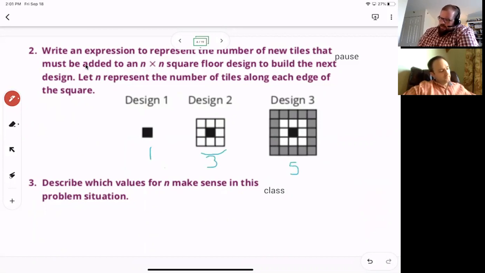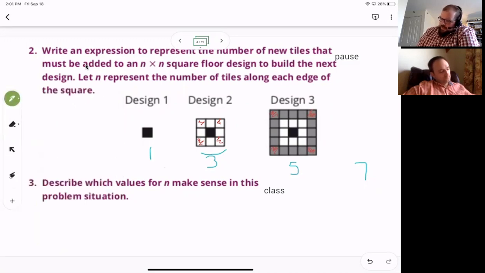So when I saw this, one of the things that I noticed is that every design that we have, the next one would be 7 by 7, which we've talked about before. We're adding 4 tiles around the outside. And then I noticed something really cool about the other tiles that we're adding.